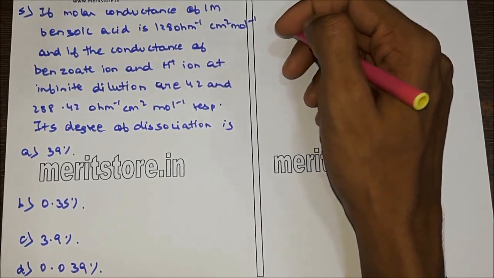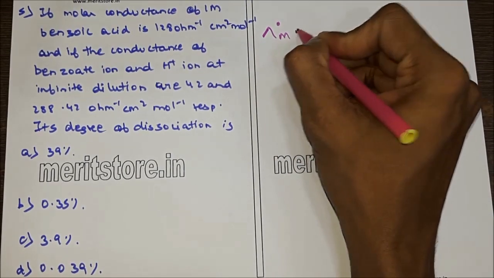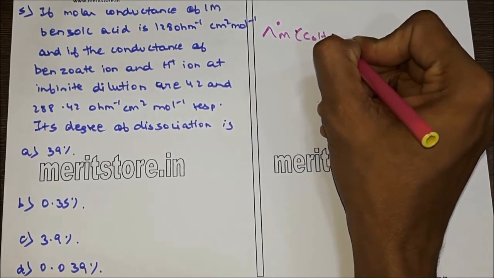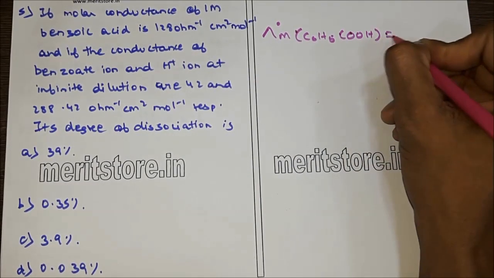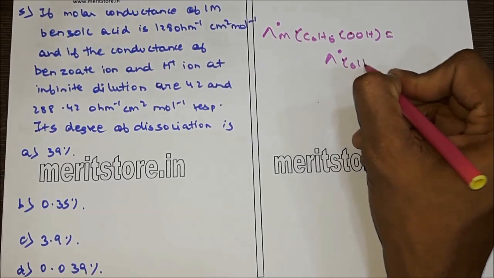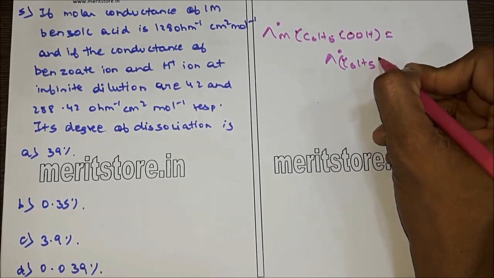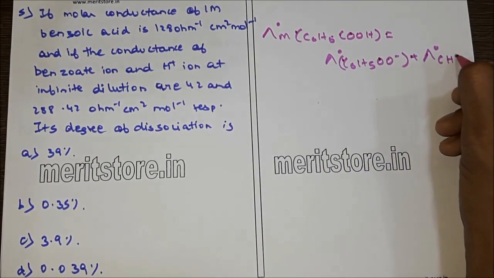For benzoic acid, C6H5COOH, the molar conductance equals the molar conductance of benzoate plus the molar conductance of H plus ion.